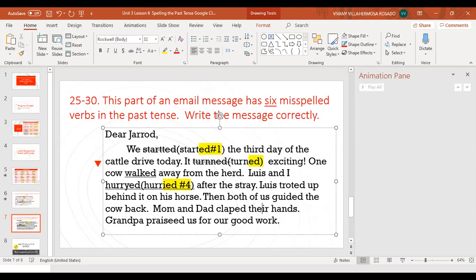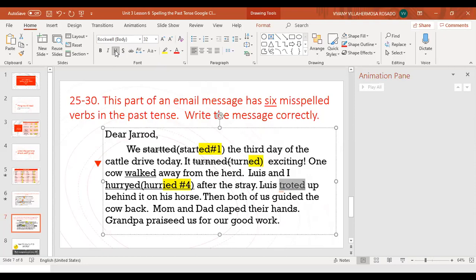So we identify the verb. I know that this is a different type of verb, trotted. The verb is trot, and trot means to run at a moderate pace. It's a pace faster than a walk, but not running, almost like jogging.